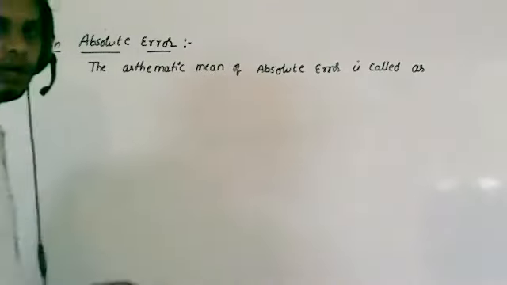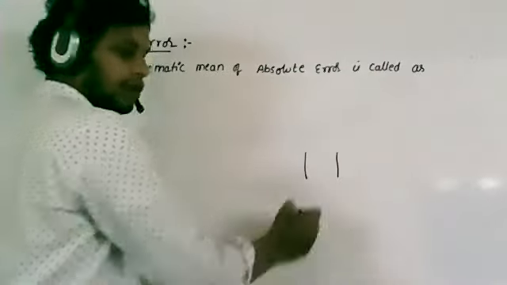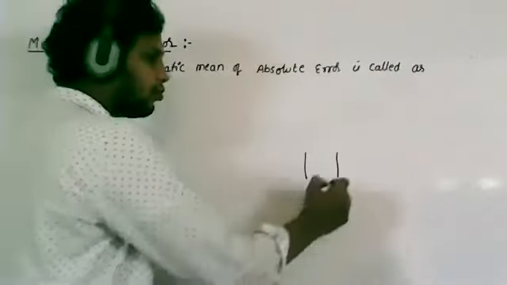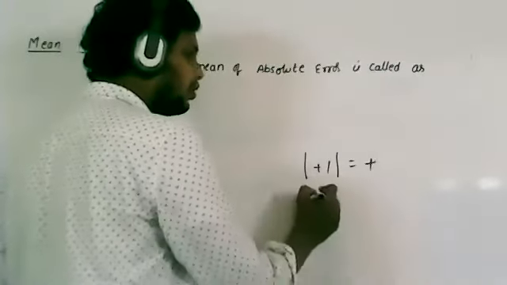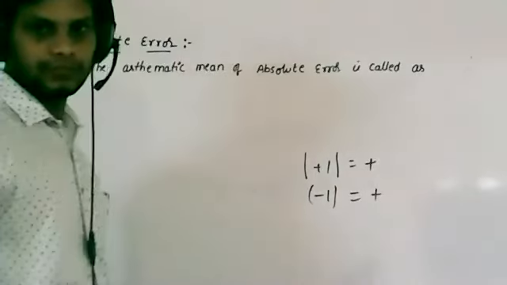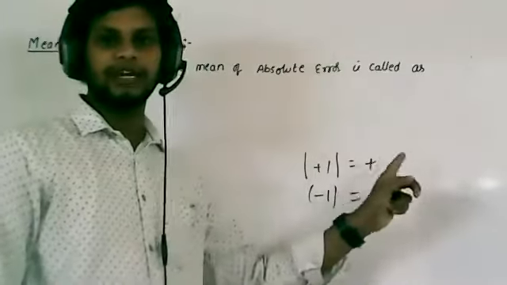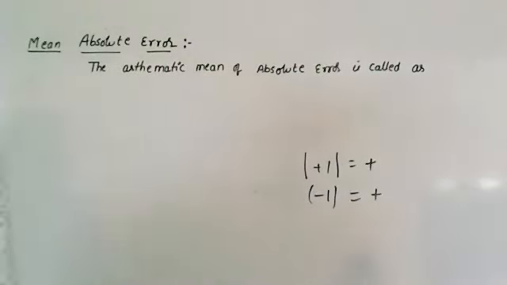Modulus will always give a positive value. If you take +1, it will give +1. If you take -1, it will also give +1. Any value you take, if it comes out of the modulus, it is positive.